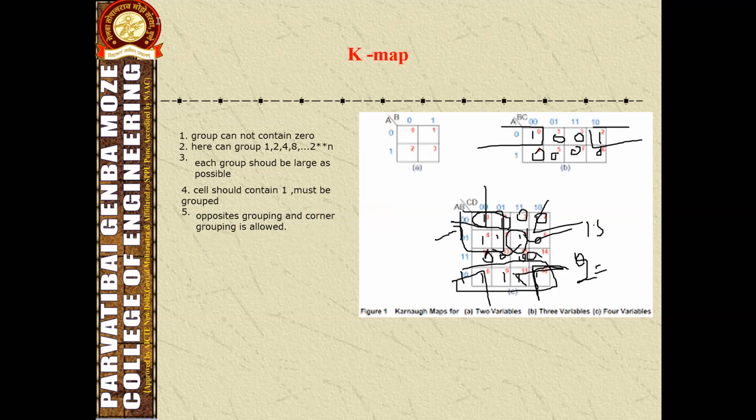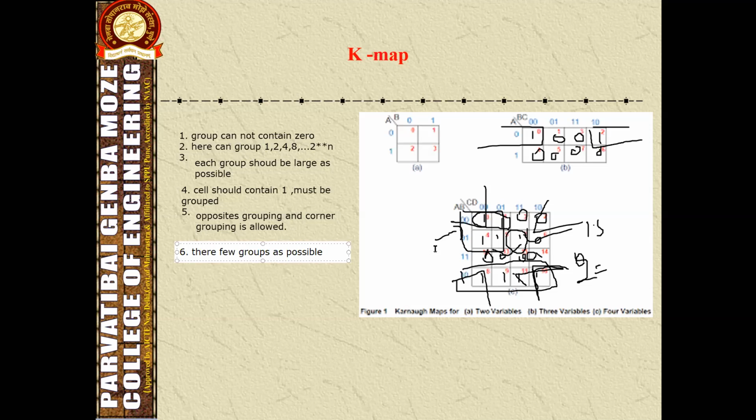So let's see another rule. What is the rule? There should be as few groups as possible. While grouping, we have to keep it in mind.